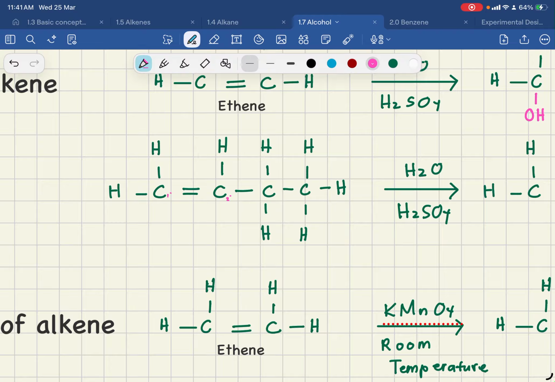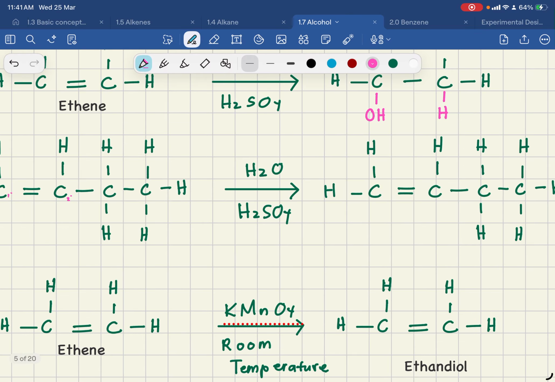When we want to insert our H and OH, you break the bond here, and then you have to apply Markovnikov's rule. How do we apply Markovnikov's rule? H will go to the carbon with more hydrogen, and OH will be here.